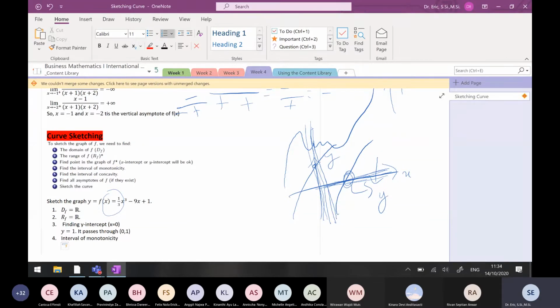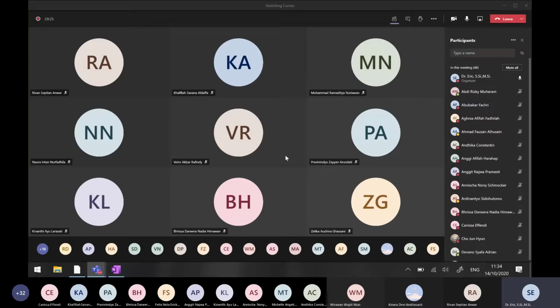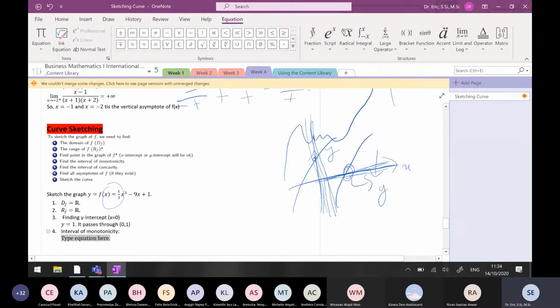To find the interval of monotonicity, what do I have to find? I have to find the first derivative, yes, very good. The first derivative is the derivative of this: 1/3 times the derivative of x cubed.